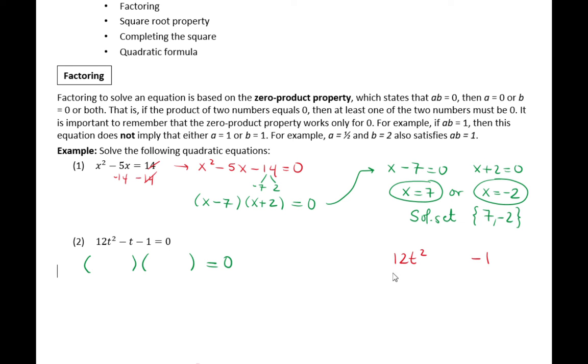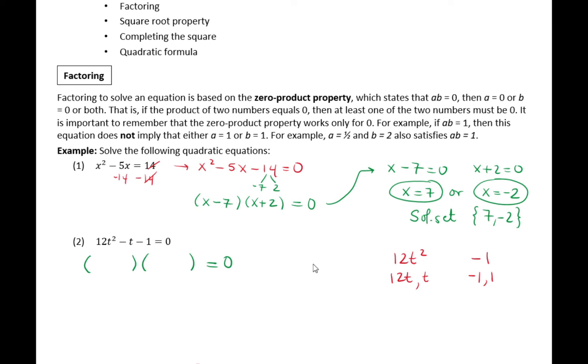For 12t squared, I always use positive, because you can always make it positive. If it's negative, you can multiply everything by negative 1. The factors could be, for example, 12t and t to get t squared. For negative 1, you have only the factors negative 1 and 1, nothing else. Because you're going to use FOIL, you simply cross multiply each term by the other term on the right side.